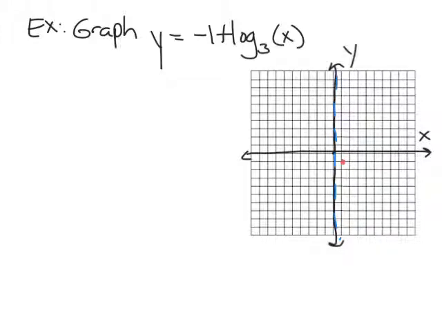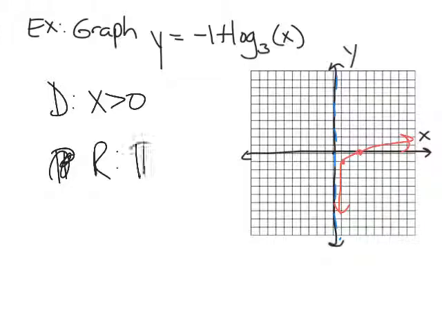So instead of being at (3, 1), it's going to be at (3, 0). So everything shifts down by 1. And that's what it looks like. The domain, this time, is x is greater than 0, and the range is still all reals.